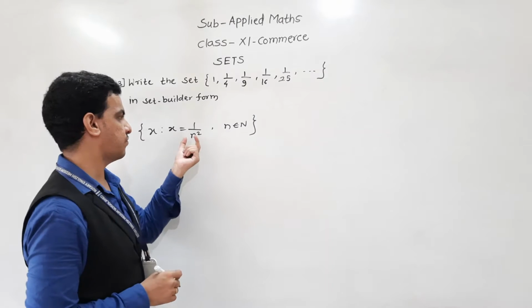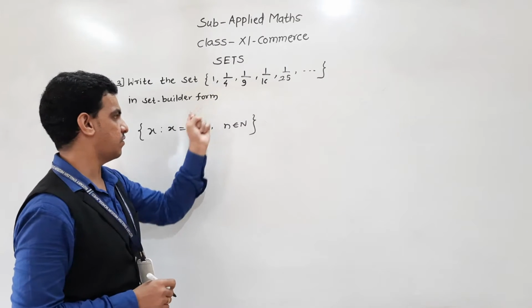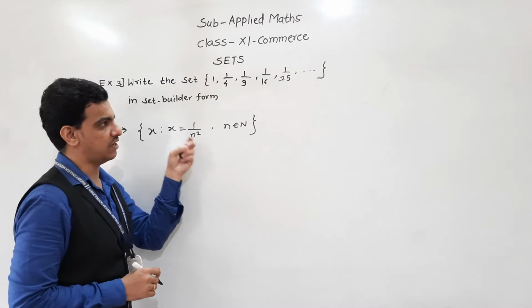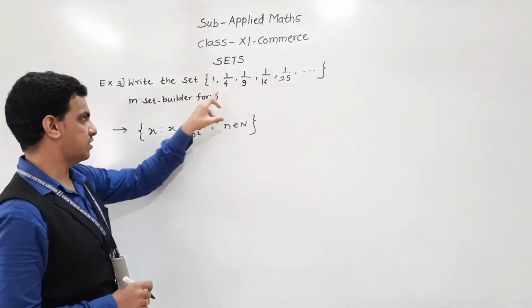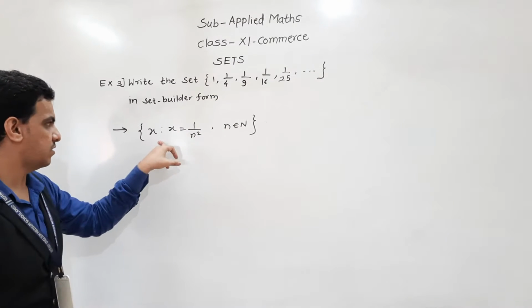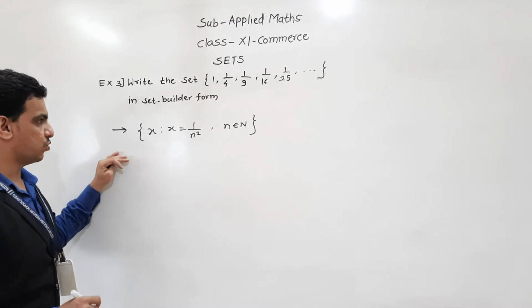So if you start from 1 upon 1 square, 1 upon 2 square is 1 by 4, 1 upon 3 square is 1 by 9, and so on. Okay, so the set builder form of this set is this way. Now we will take the fourth example.